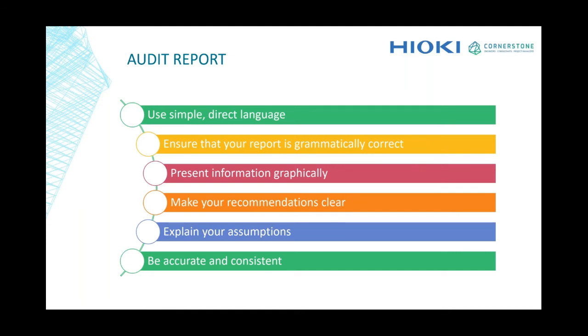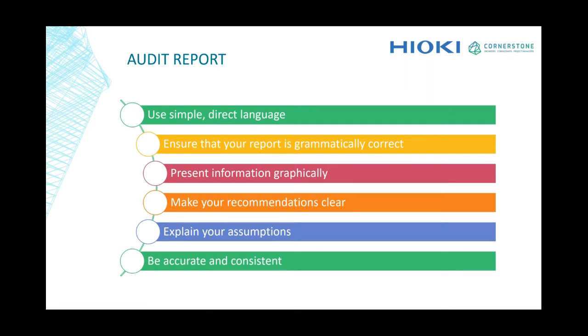We ensure that the grammar in the report is very clear and straightforward, so that it doesn't confuse the end reader. Most of the things are presented graphically, because we've discovered that presenting things visually gives a better understanding to the end customer and to relay our ideas, whether it be engineering solutions or having some usage patterns changed, but everything is usually given graphically.